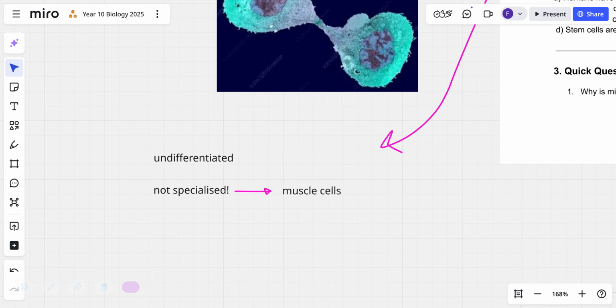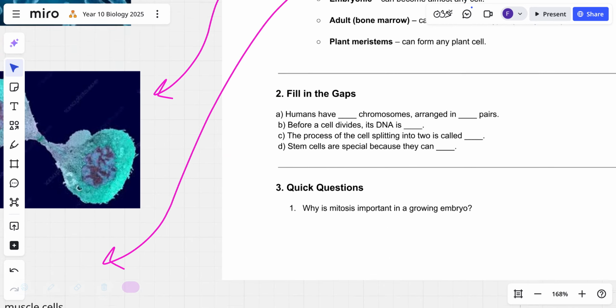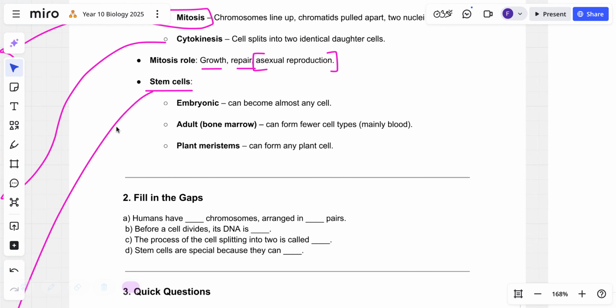And they're really useful for repairing. Now, there's a really controversial one. You can get stem cells from embryos, children that aren't born. And if someone's got Alzheimer's when they're really old, you can take some of those cells from that embryo and put them into that person's brain, and it starts healing them.